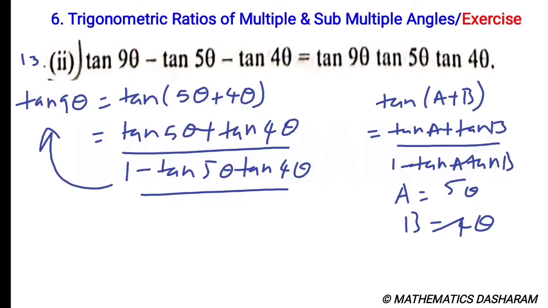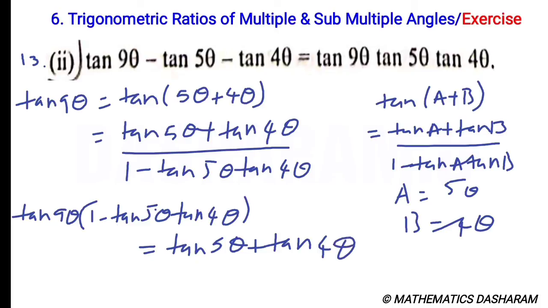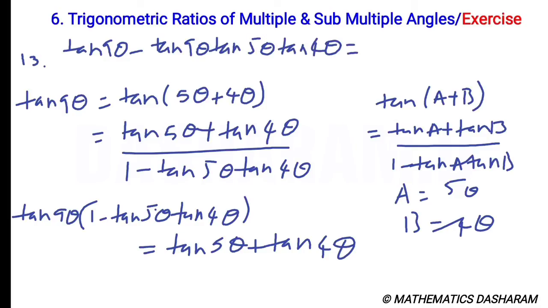So this denominator is transposed to the left side. So tan 9 theta bracket 1 minus tan 5 theta into tan 4 theta equals tan 5 theta plus tan 4 theta. So now multiplying tan 9 theta inside, tan 9 theta into 1 is tan 9 theta, so tan 9 theta minus tan 9 theta into tan 5 theta into tan 4 theta equals tan 5 theta plus tan 4 theta.